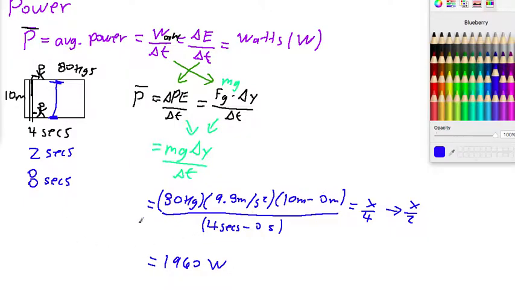For example, with 8 seconds, it would be x over 8, so your solution decreases, right? That means that as your time increases, the power necessary decreases. So the slower you do something, the less power you need.